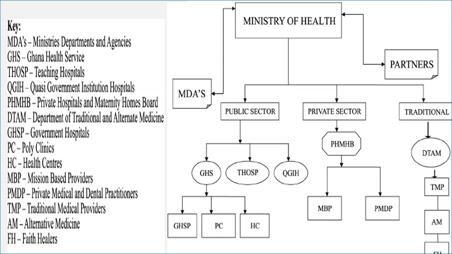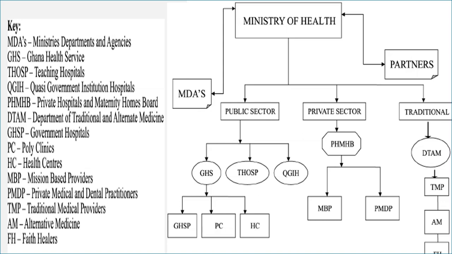Now, when it comes to the private health service, we have the private medical and dental practitioners, and there you have the mission-based providers, the MBPs. Then when it comes to the traditional, we have the DTAM, which stands for the Department of Traditional and Alternative Medicines.